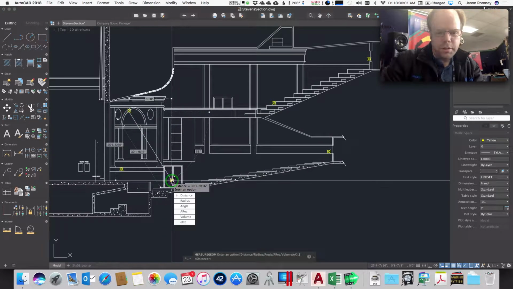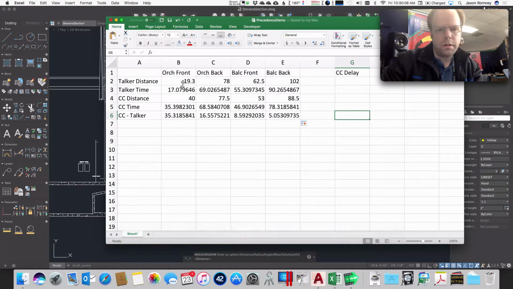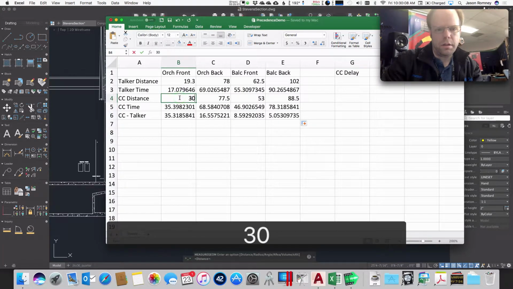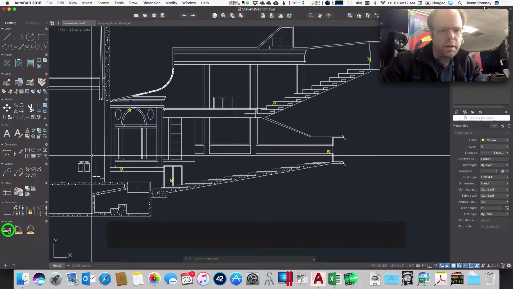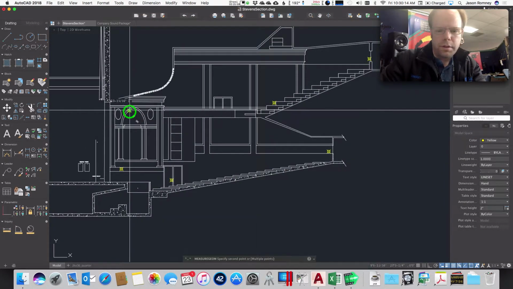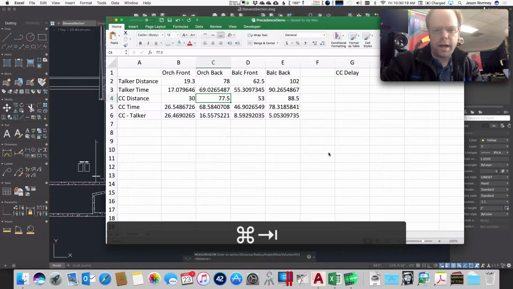So now distance to the front row is 30 feet. And distance from center cluster to back row orchestra is 76.5.